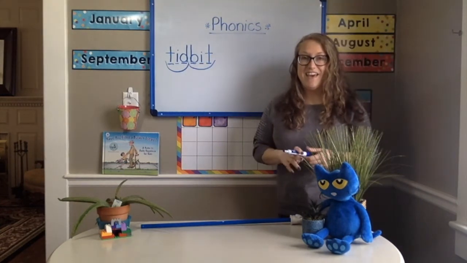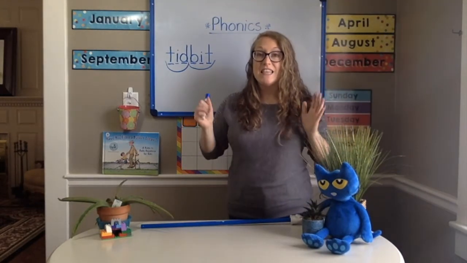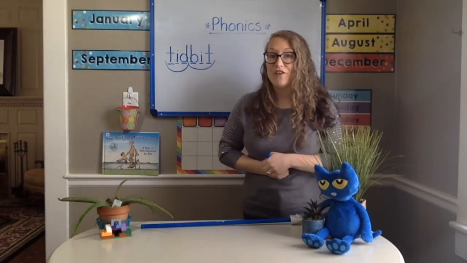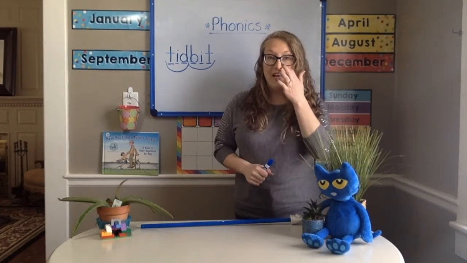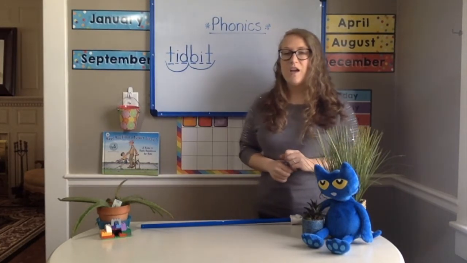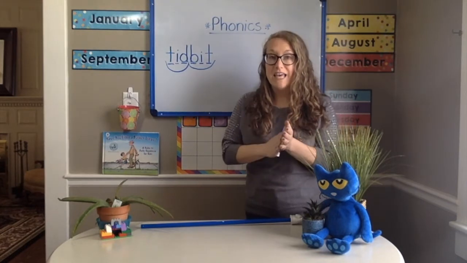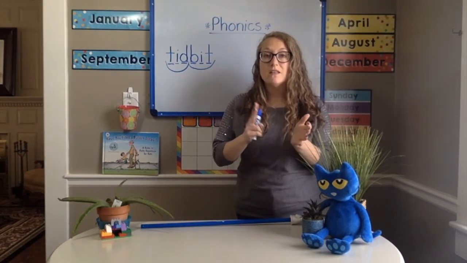Tidbit. Okay, kindergarten, we are getting pretty good at writing and at reading these big words. Are you ready for your next word? Your next word is goblin. Let's sound this one out together, okay? Goblin. Remember, we're going to clap out our syllables first. Goblin.